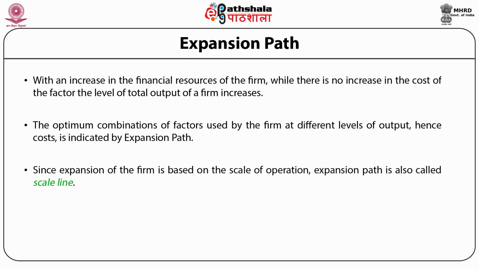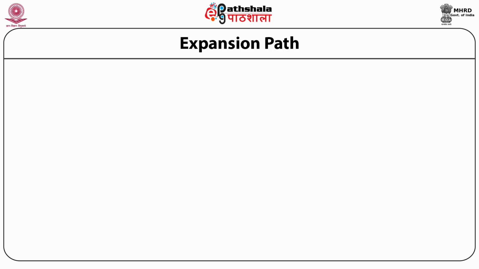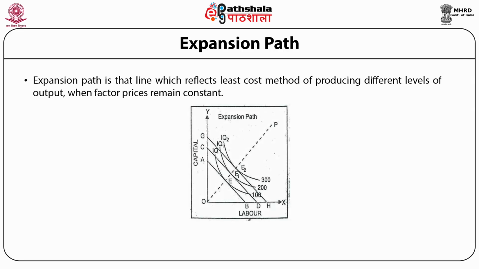Expansion path is also called scale line. Expansion path is that line which reflects the least cost method of producing different levels of output when factor prices remain constant. Expansion path can be explained with the help of figure number 12.